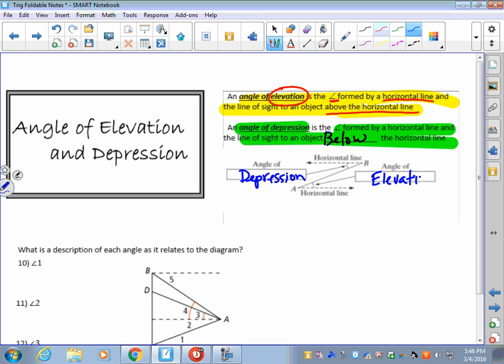All right, now, a couple things. We have to recap and make sure you know the relationship between the two, because it will help when you have to draw your pictures, because it doesn't always have to be at the top or below the line. If you look, we have two horizontal lines. We should know that all horizontal lines are parallel.